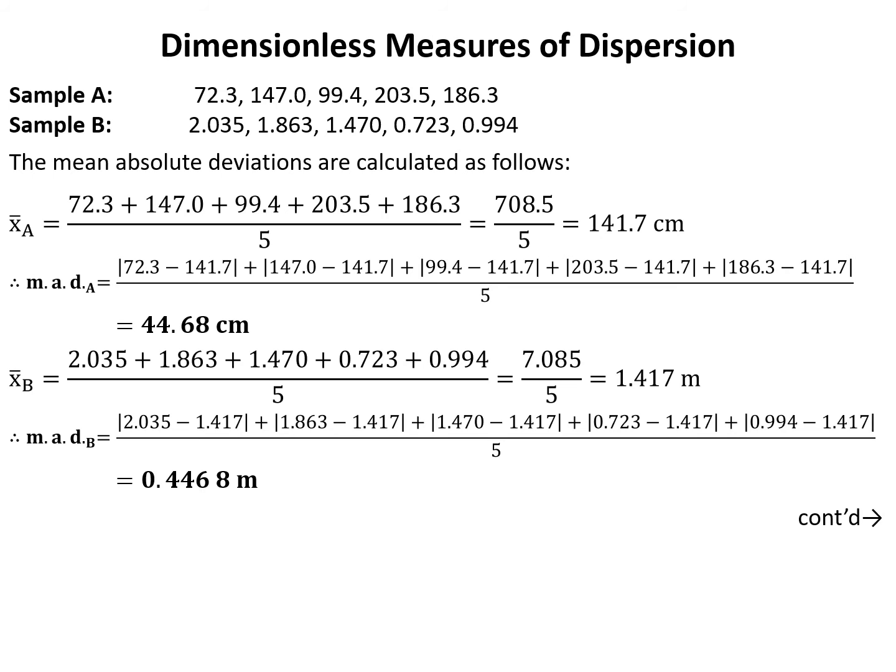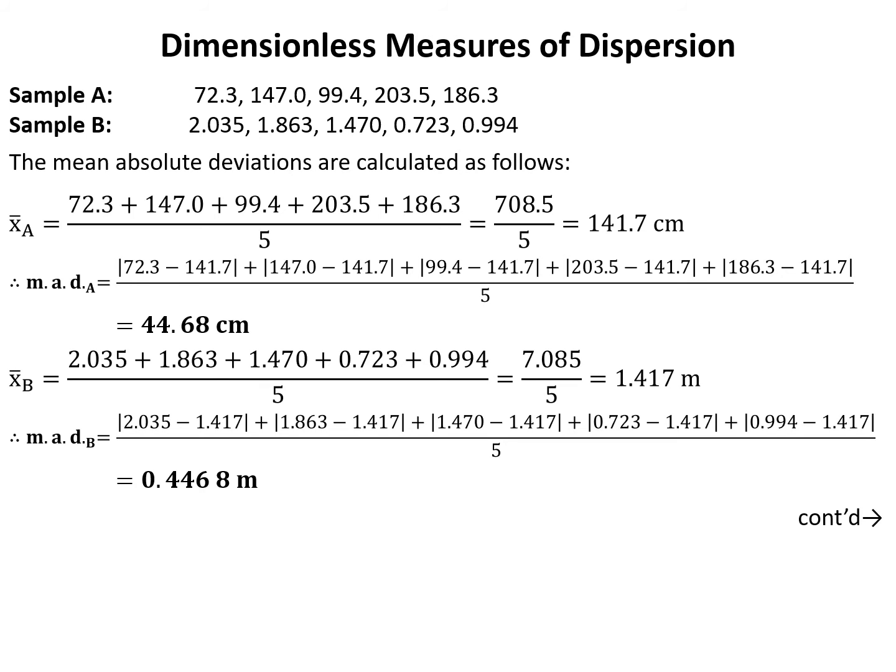So we calculate the mean absolute deviations using the same procedure that we did before for the two samples. We first calculate the sample means, and once we have those, we then calculate the MAD as being the sum of the absolute value of the deviations divided by the sample size, which in this case is 5, for both samples.